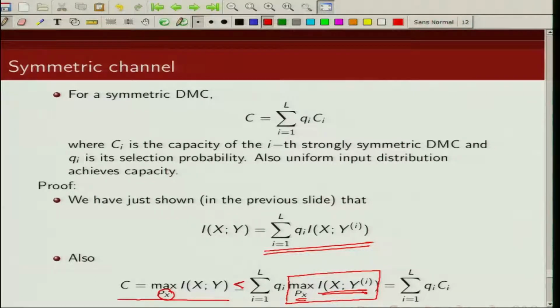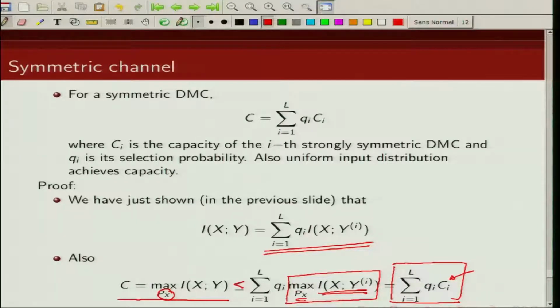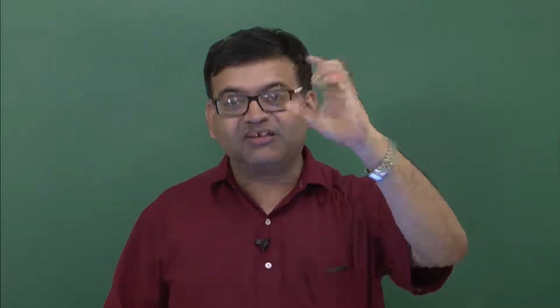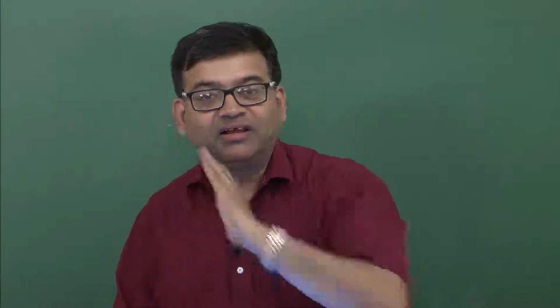That is why for a strongly symmetric channel, I can write the capacity as the sum of the capacities of the individual discrete memoryless channels multiplied by the probability of selecting that particular channel. Again, I repeat, the input distribution that maximizes this for the ith channel is the same as for the jth channel, because it is the uniform input distribution that will achieve capacity.